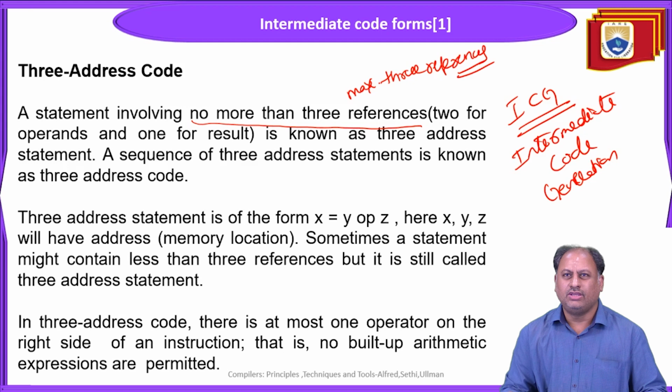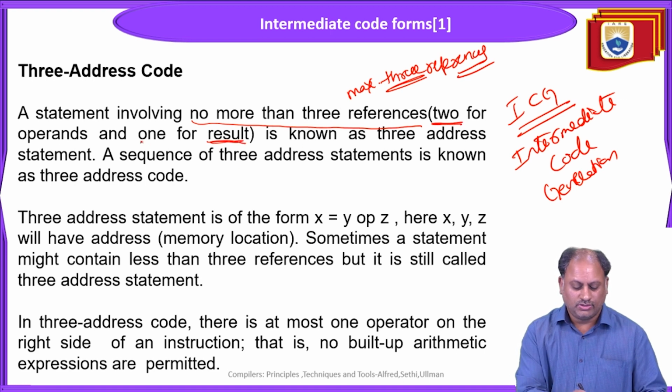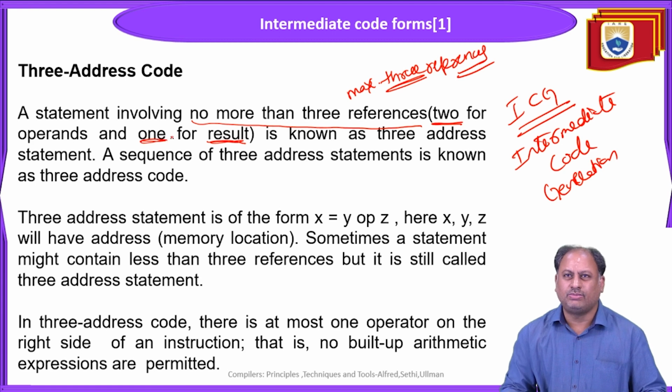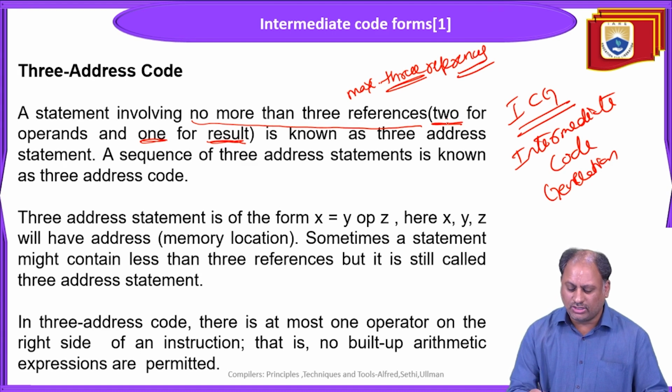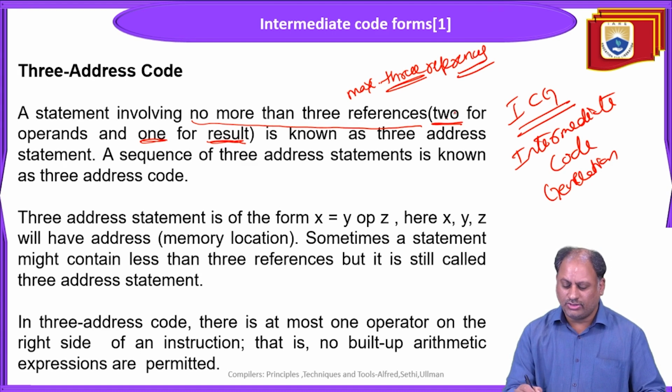Out of these three at most, two are used for the computation and one reference is used for the result. So of the two, it may contain 0, 1 or 2.